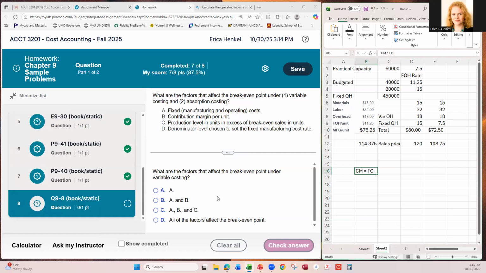Let's see, would your denominator level chosen to set your fixed manufacturing cost rate influence it? Also no, because under this formula, your fixed costs are all of your fixed costs.